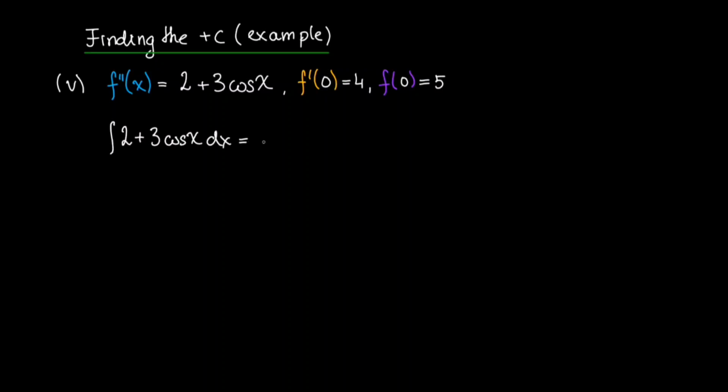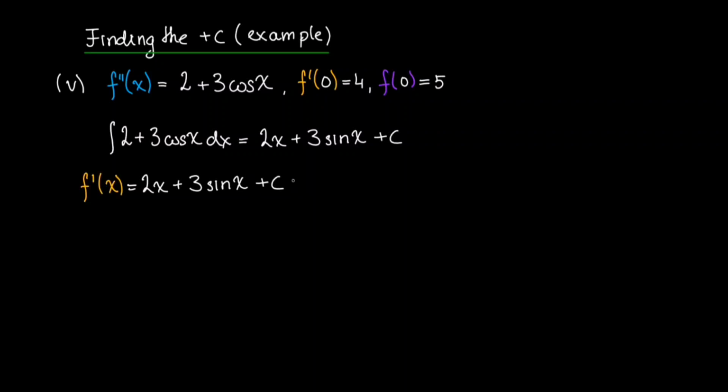Here, using the power rule, we would get 2x plus 3, and the integral of cosine gives the sine function, and at the end, plus c. What we got is simply the expression for the first derivative.